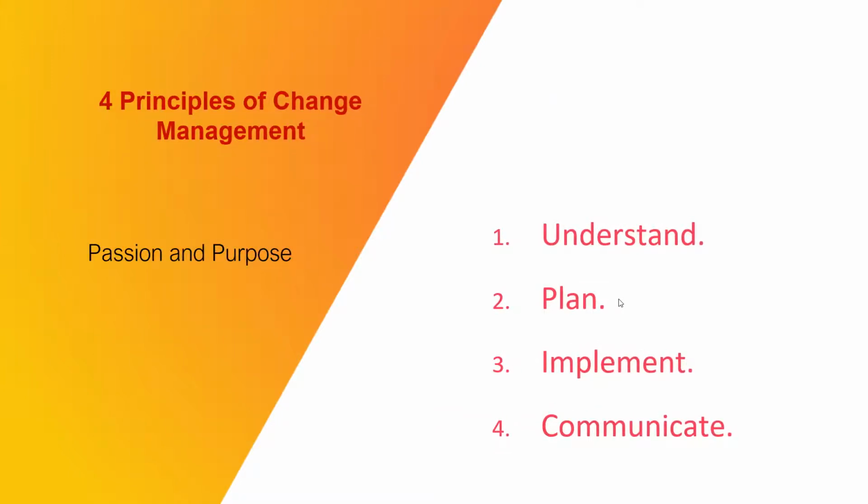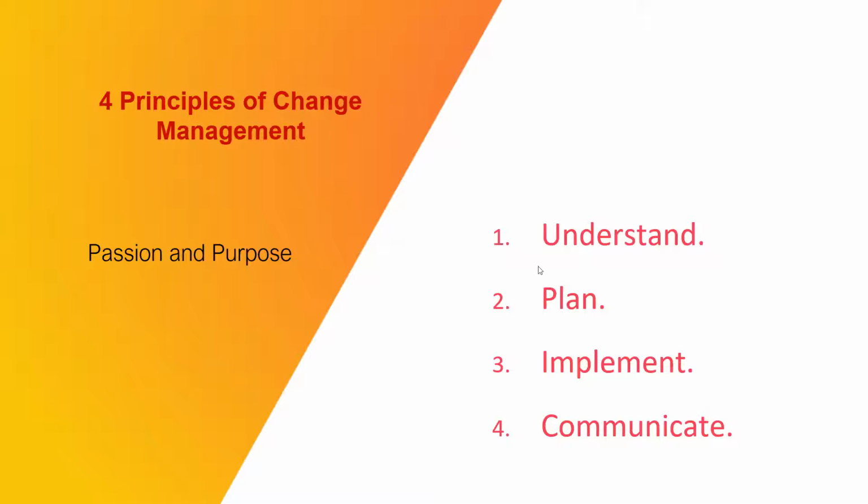If we're looking at making that decision to change, there are some steps we should take. First, you have to understand the change that you're trying to deploy, and have a change plan, then implement that plan, and constantly communicate that plan and the status of that plan, and where we need to continue to make adjustments to the plan.